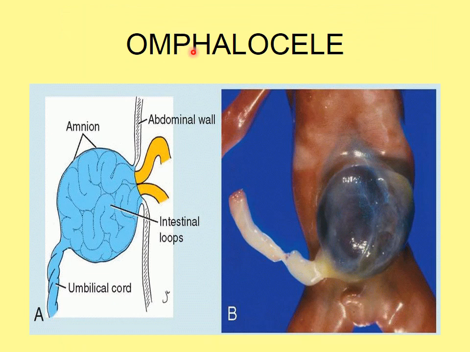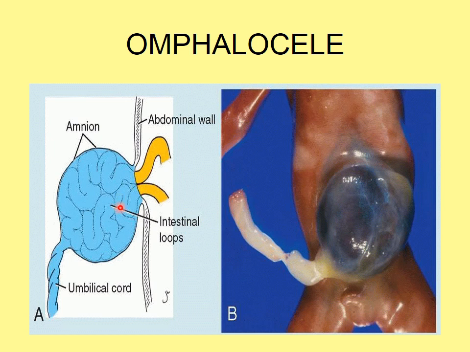Here in the omphalocele, you have seen that there is actually a problem in the reversal of the physiological herniation. This physiological herniation occurs between the 6th to 10th week of intrauterine life, but the gut tubes are unable to return back into the abdominal cavity.